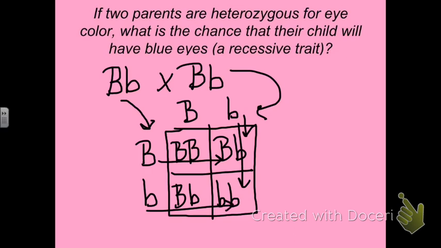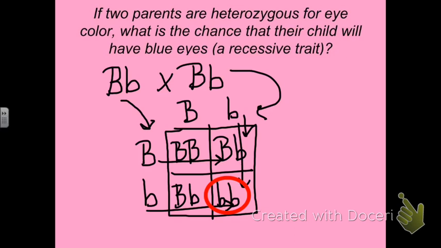All right, the last step in solving a problem is to answer the question. In this question, it's asking what is the chance that their child will have blue eyes. If you take a look at the Punnett square, this is the only condition where the child has blue eyes. All of the others are showing the dominant brown-eyed trait.